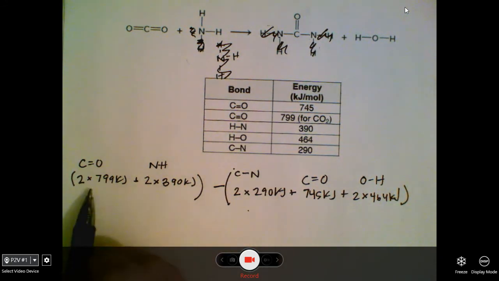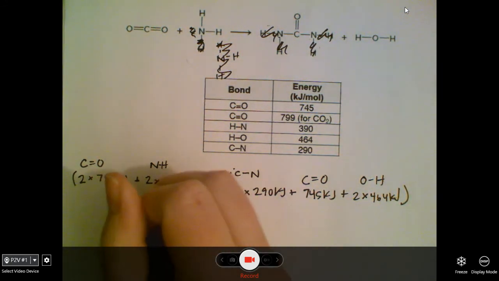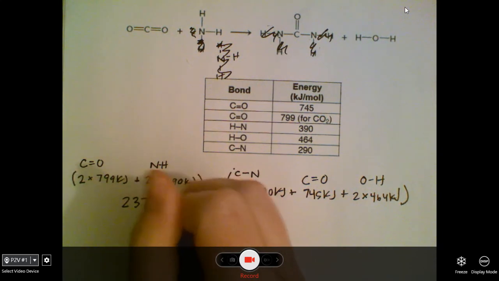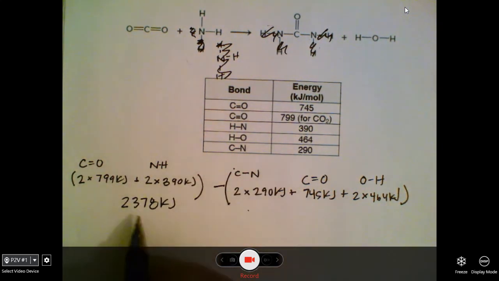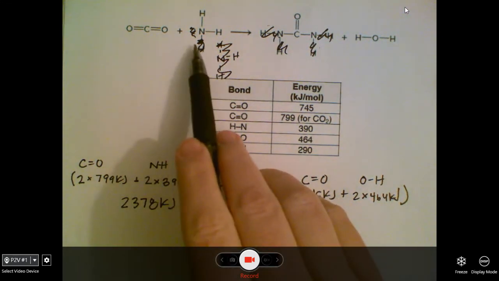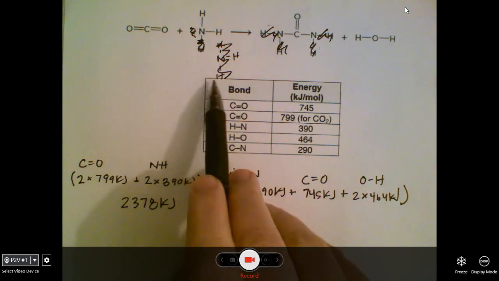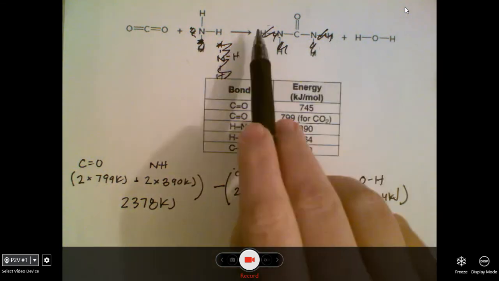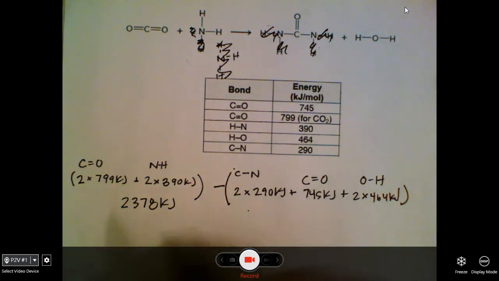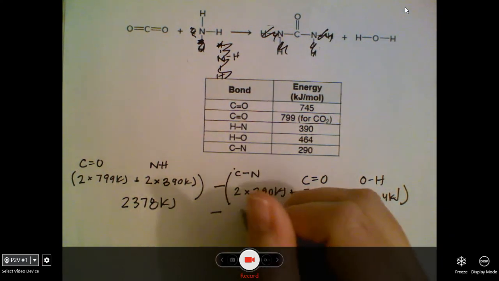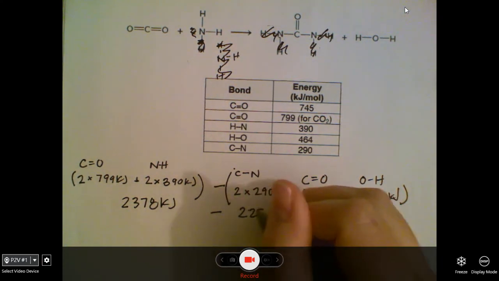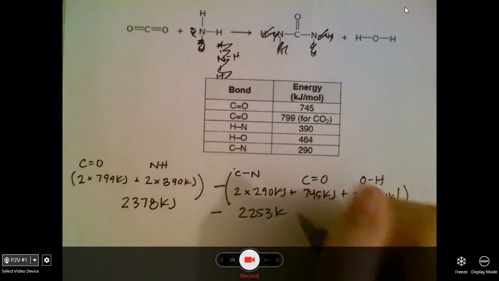So if I take these numbers and I put them together, I get 2,378 kilojoules that I have to put in to break up this stuff. Now, technically, I've got to put in more, but what's going to happen is if I break these 4 NH bonds, they're going to make 4 identical bonds on the other side, and so I can ignore them. So then it's minus 2,253 kilojoules in this case.